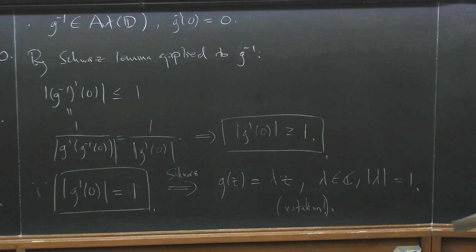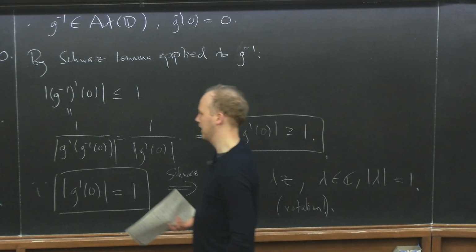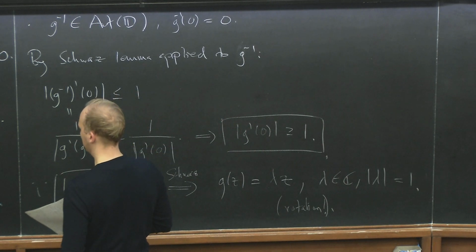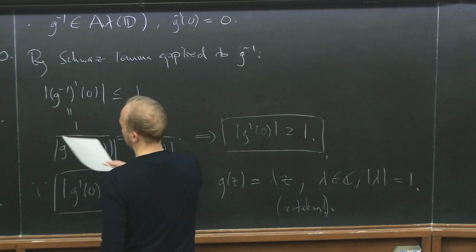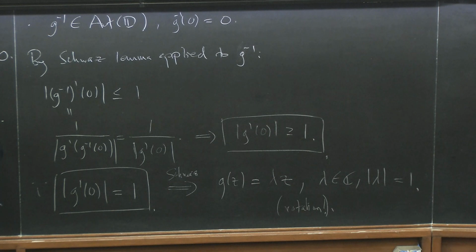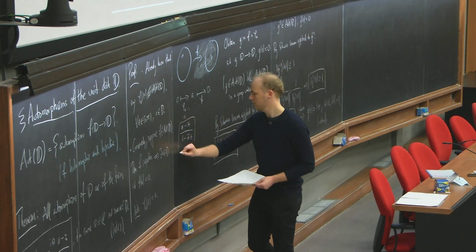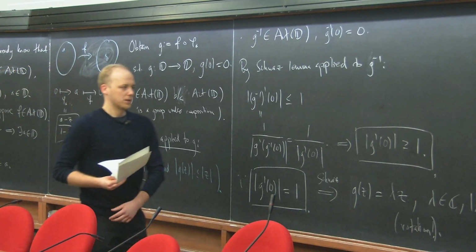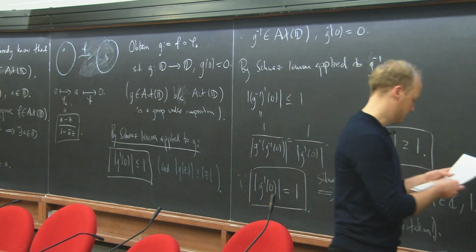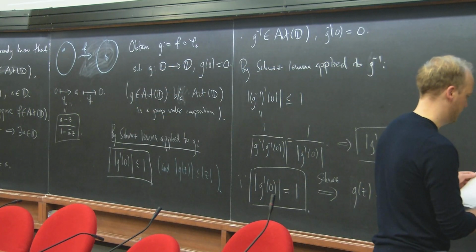Exactly. So we have this conclusion that G of z is equal to lambda z, where lambda is a complex number of absolute value 1. And now we just remember how we defined G over here. It was the composite of the function f, which was our abstract automorphism from the beginning, and this special automorphism phi a, which was of this form over here. Okay, and the conclusion would then be the following.